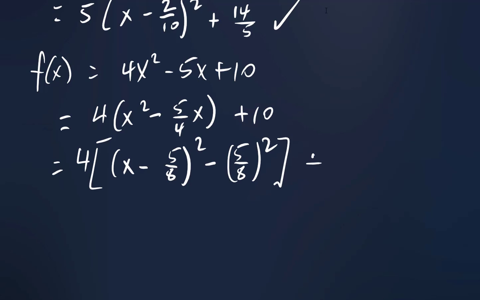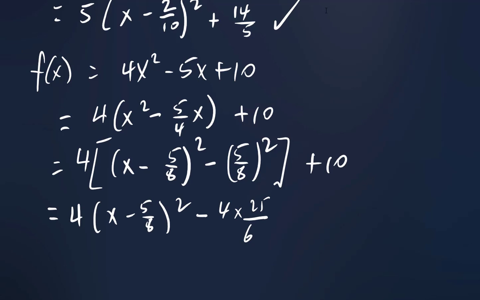The 4 factors all that, but does not count with the 10. Okay, so we do 4 factoring x minus 5/8 squared. Now the 4 comes here because we are opening it up. 4 times 5 squared over 8 squared, so minus 4 times 25 over 64 plus 10.